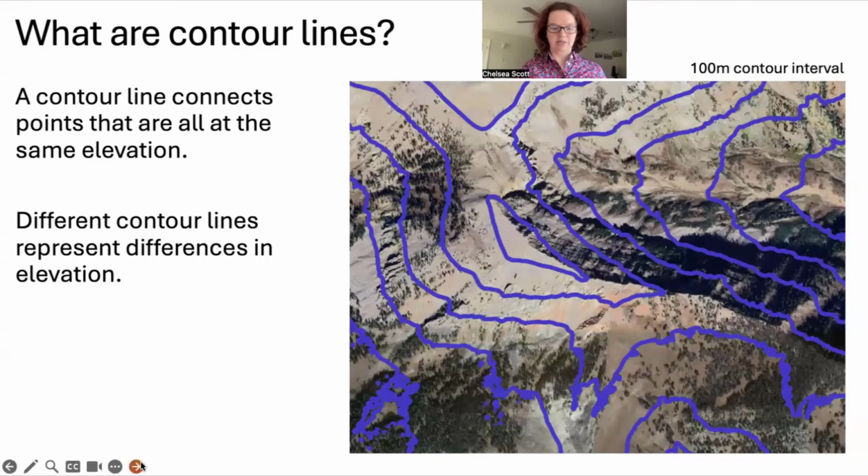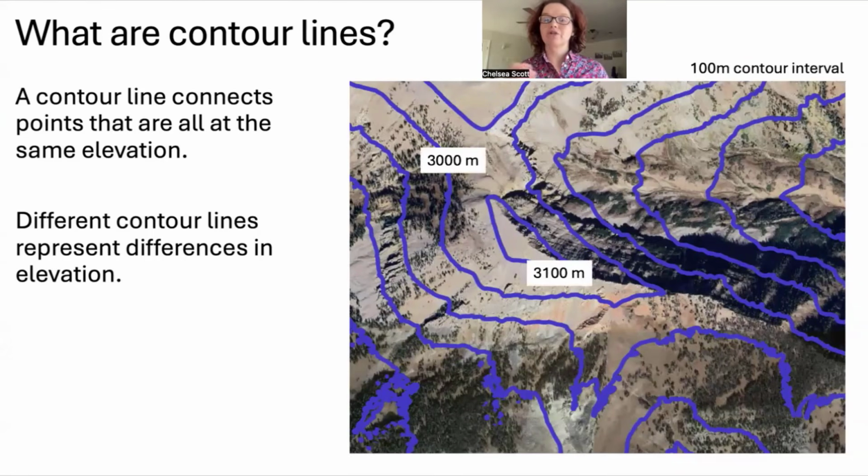So this contour line here, spanning the peak of the mountain, is at 3,100 meters. So that means that all points along this top blue line are at that elevation. The next contour line, the one lower, is going to be 100 meters lower, and that's going to be at 3,000 meters.